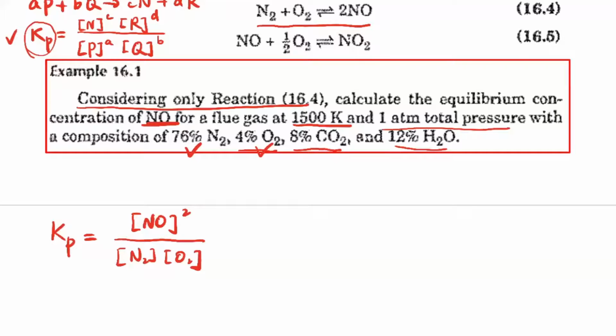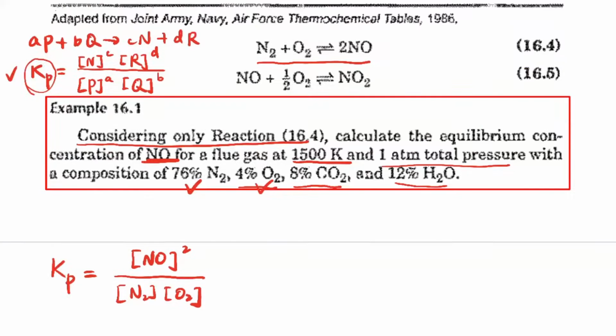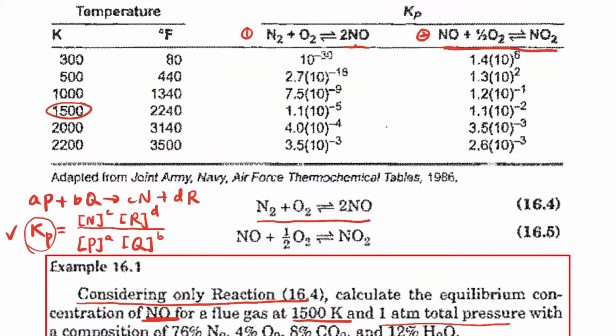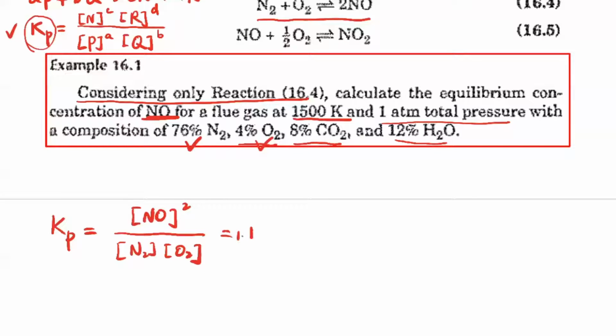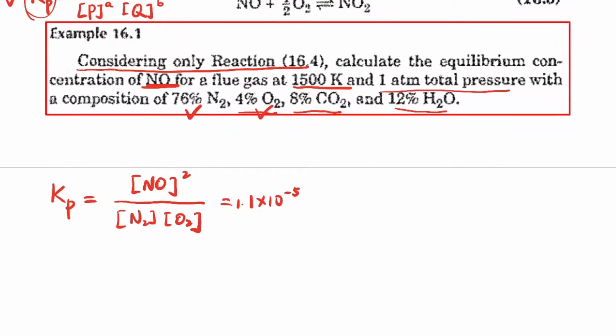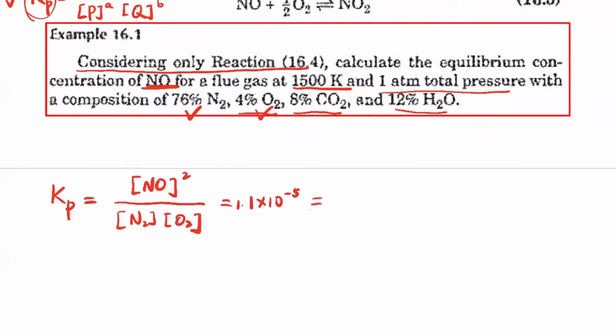We can see that the equilibrium constant for this reaction is 1.1 multiplied by 10 to the negative 5. We further know that the concentration of nitrogen is 0.76 and the concentration of oxygen is 0.04.